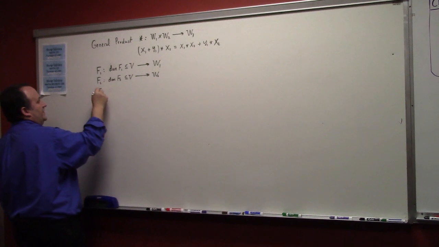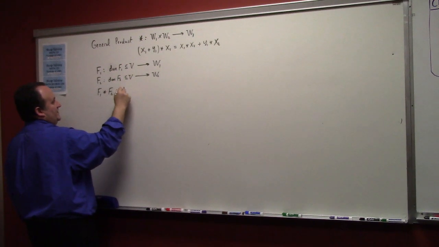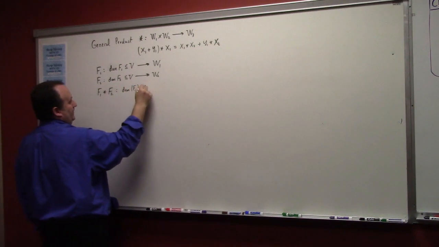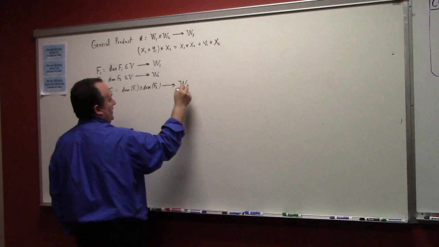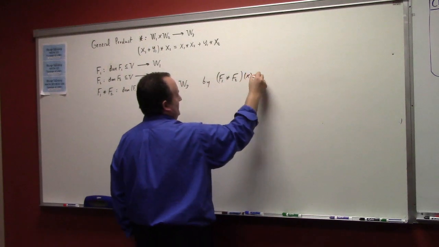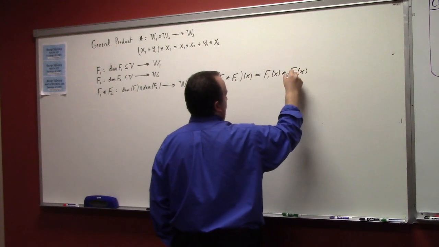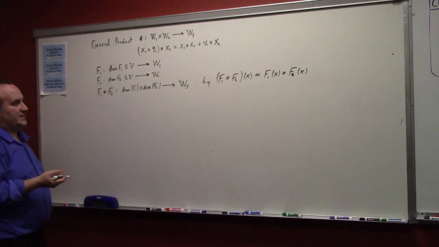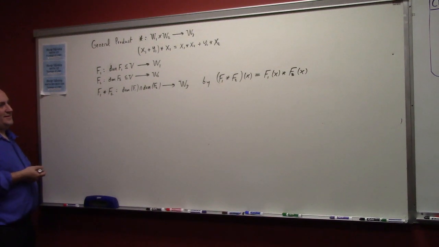So then we can naturally define F1 star F2 from the intersection of the domains, where both formulas make sense, and it will be W3 valued by F1 star F2 of X equals F1 of X star F2 of X. The question then is, can we prove a product rule at this level of notation? I think we can.